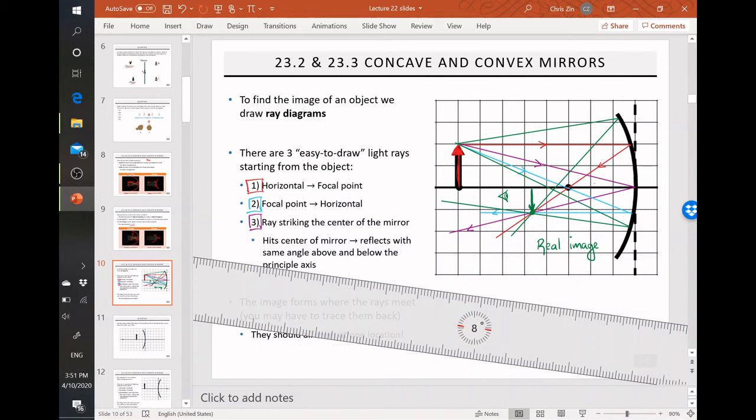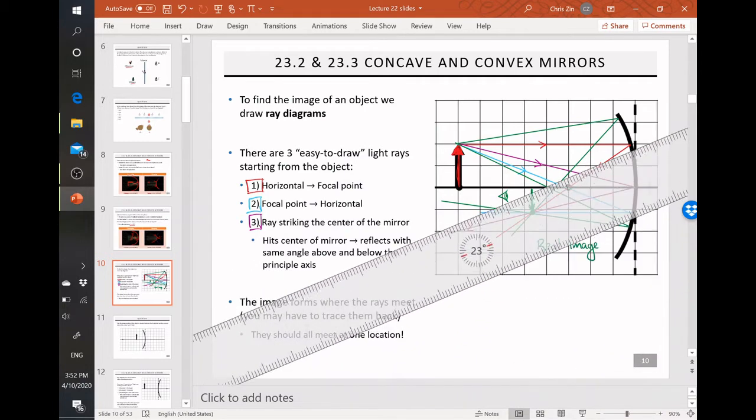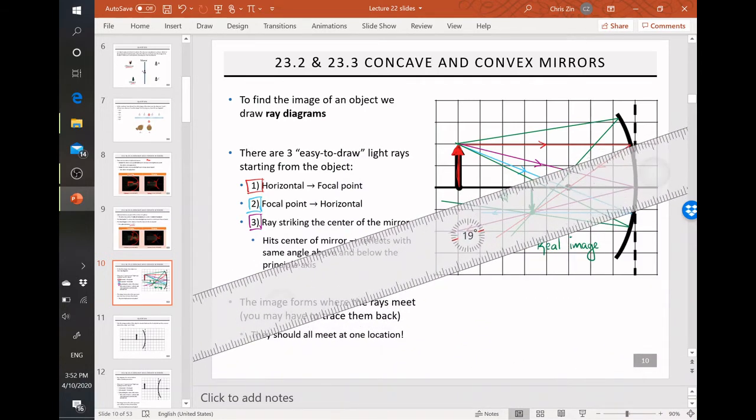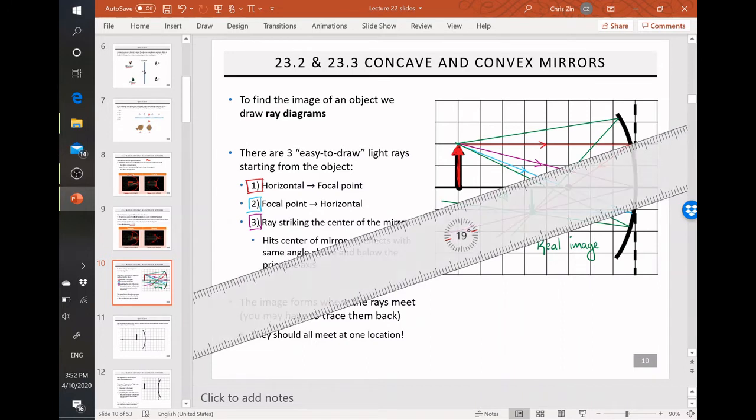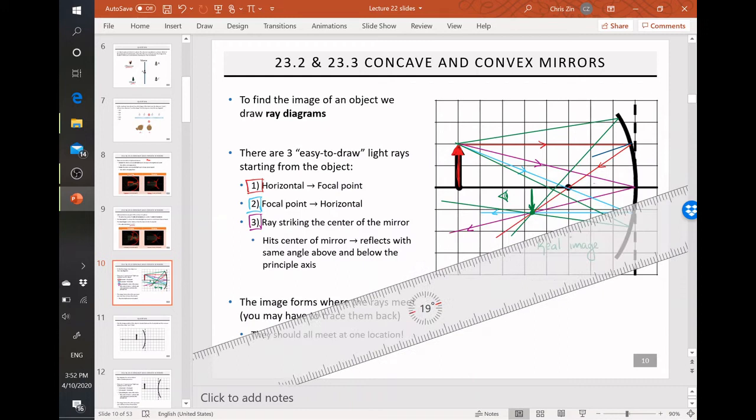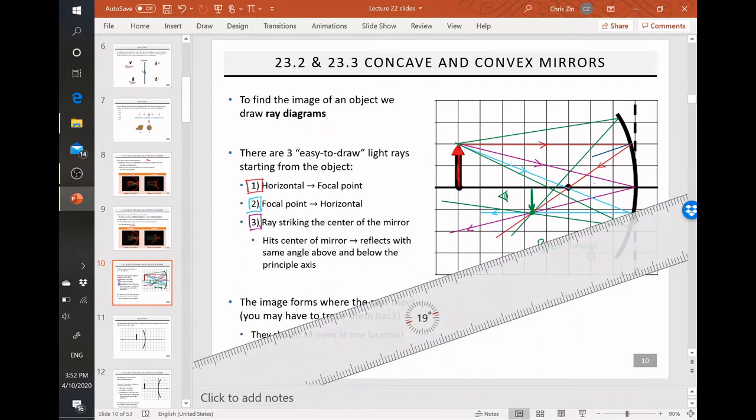And actually, one more thing before I move on, because you may be wondering, how come the third special ray, the one that strikes the center, is the only one that obeys the law of reflection? Well, they actually all do behave according to the law of reflection. Let's go with the horizontal ray, for instance. The horizontal ray reflects off the mirror at the same angle as it hits the mirror. It's just that your normal line is at an angle.